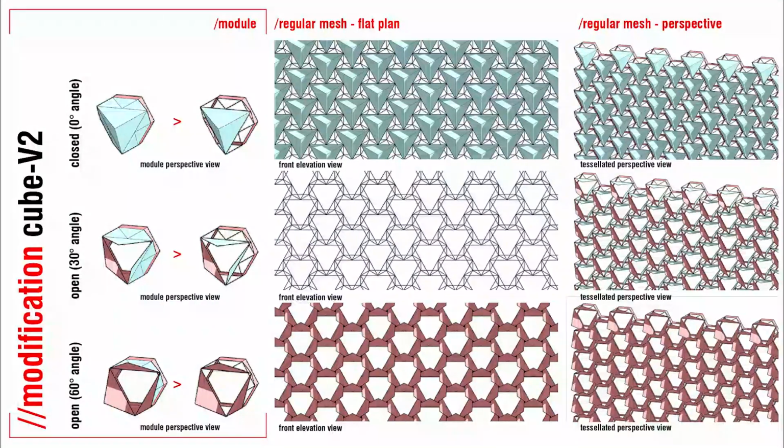So I tried to create a void, an opening in the module itself, so that even though there will be openings to let the daylight penetrate inside the building, at least the occupant is not reliant on the kinetic facade itself.